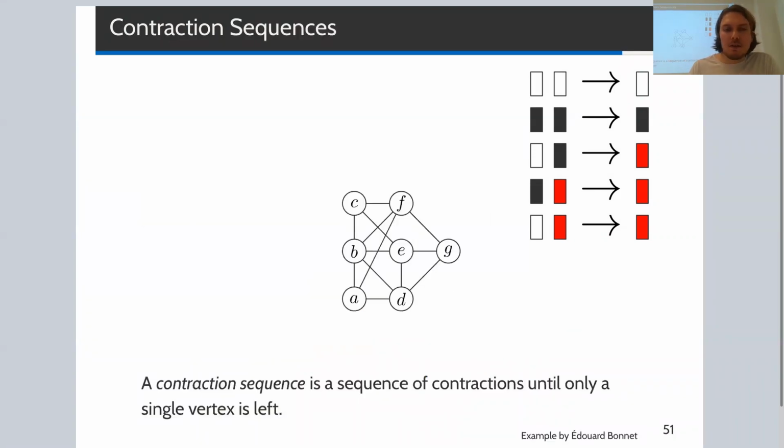And here's an example of how such a contraction sequence may work. So we start with this graph, and the contraction sequence simply starts with the graph and then contracts and contracts and contracts until only a single vertex is left. So let's see such an example of a contraction sequence. For example, we could start with contracting E and F. The vertex C is adjacent to both E and F, so in the contraction, it is also adjacent to the contracted vertex.